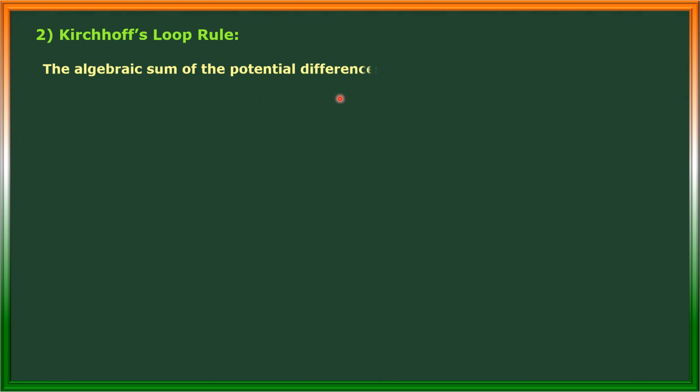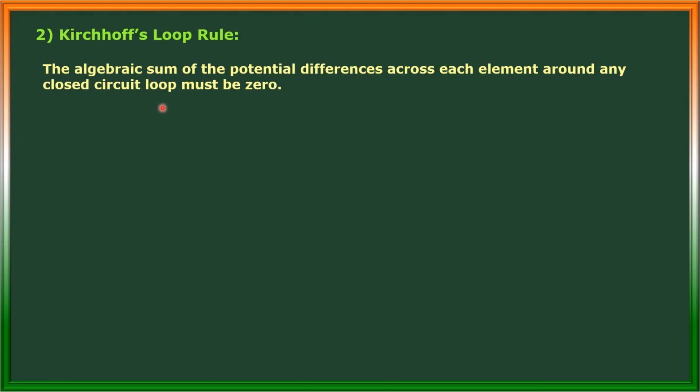Now let us study Kirchhoff's loop rule. Kirchhoff's loop rule states that the algebraic sum of the potential differences across each element around any closed circuit loop must be 0. Here, element means it could be either a resistor or a battery.